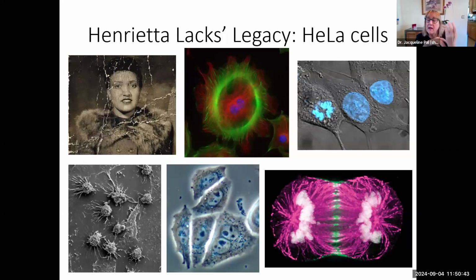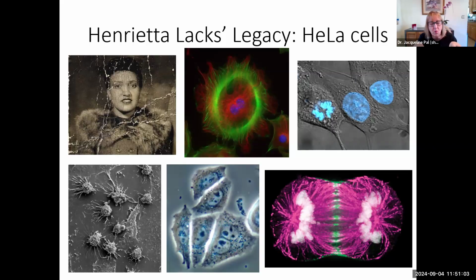And Oprah made it into a movie in 2017. And one of Henrietta's grandsons made a family memoir that was released around the same time. And the family sued in 2020, 2021.